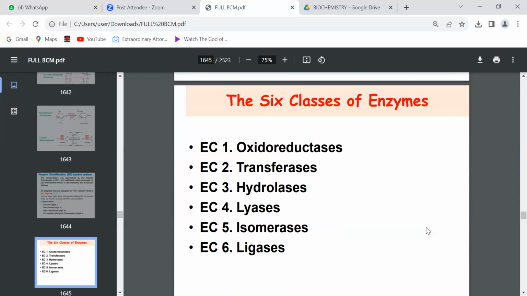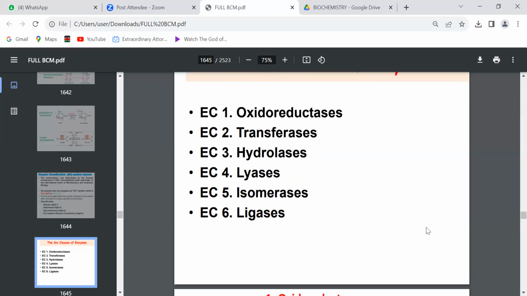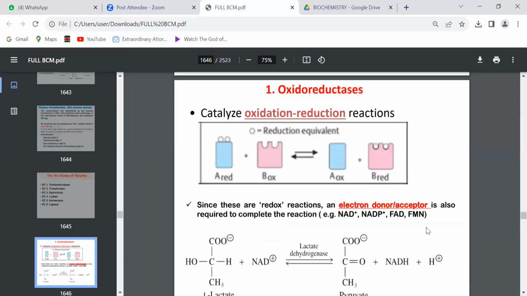Class 1 is oxidoreductases. Of course, they catalyze oxidation-reduction reactions. Then under that class, you will again see the different kinds of enzymes, the oxidases, reductases, and the others.